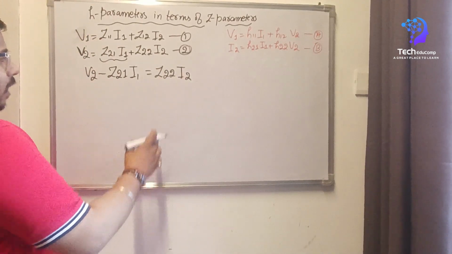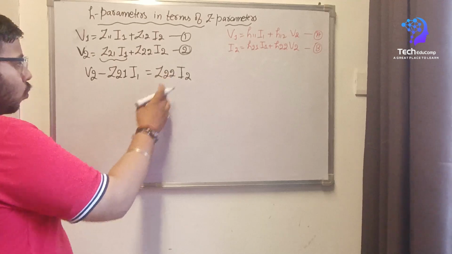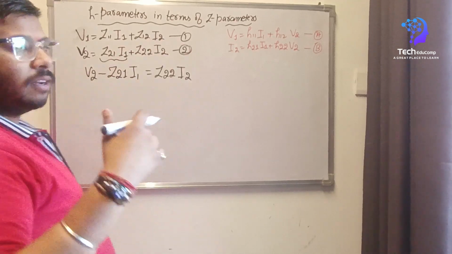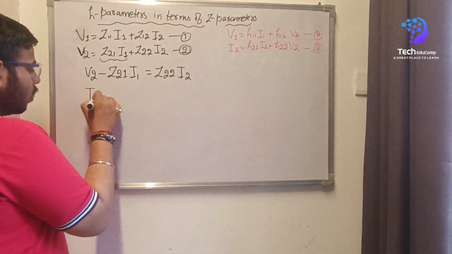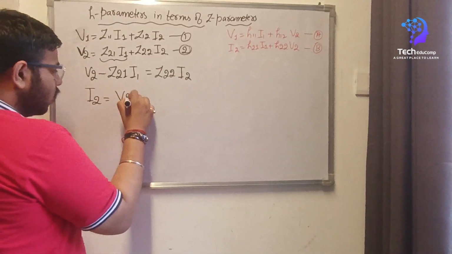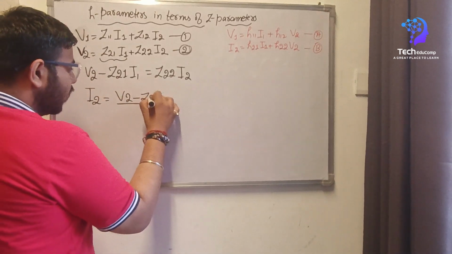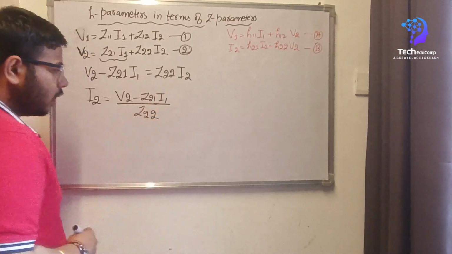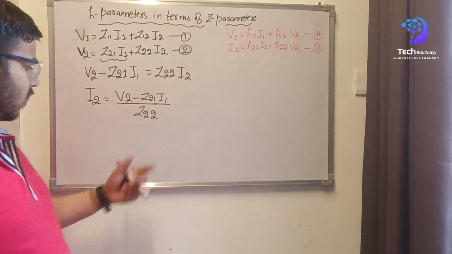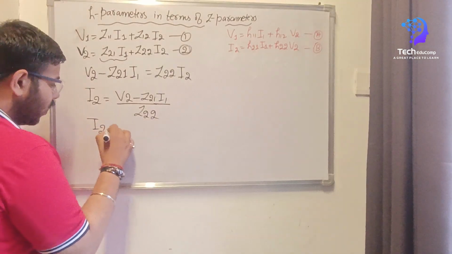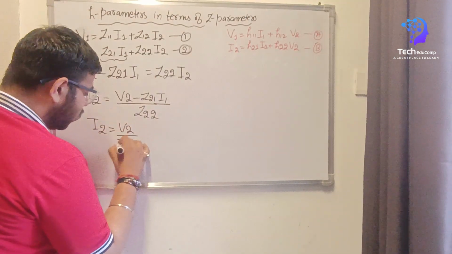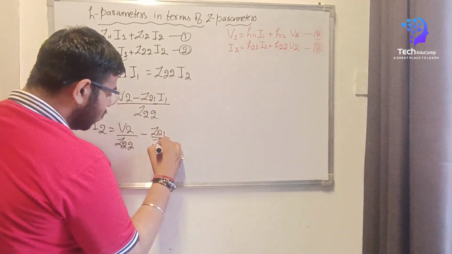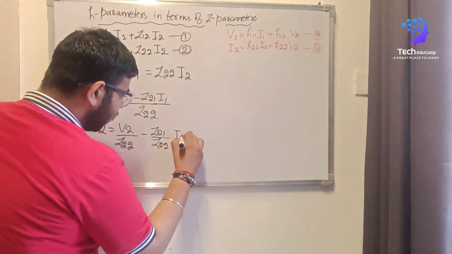So I can divide the whole left hand side by Z22. So I2 will be equal to V2 minus Z21 into I1 divided by Z22. Now simplify: I2 equals V2 upon Z22 minus Z21 upon Z22 into I1.